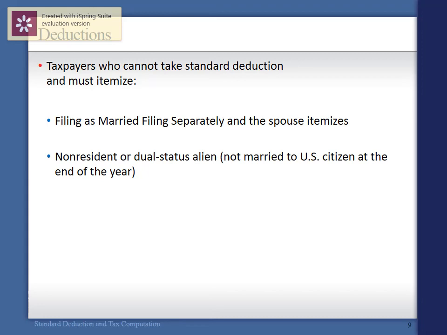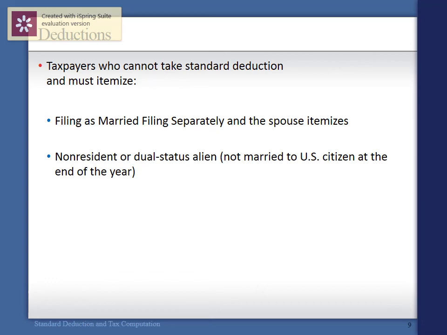One of those cases is if the individual is married filing separately, and if one of the spouses is itemizing, then both spouses must itemize. One spouse cannot itemize and the other take the standard deduction. So spouses need to be sure that they understand how the other spouse is filing so that they can file in the right way.